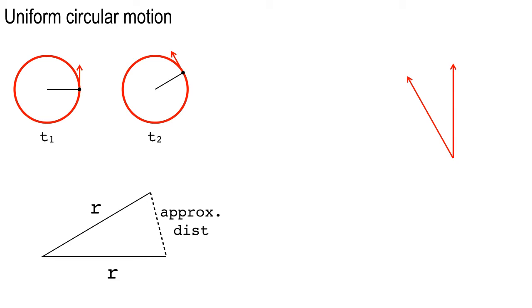So the actual mileage that you go on the track is going to be a little bit more than the mileage of this straight line. So your track, you might go 200 meters on the track and only 199 on this line segment. But they're going to be pretty close. And the closer we put our two instants of time together, the closer they get. The better and better the approximation gets. But for 30 degrees, it's still pretty good.